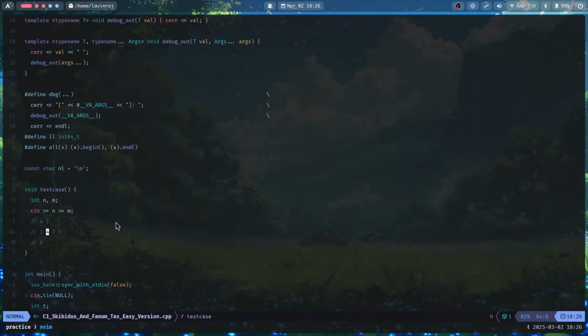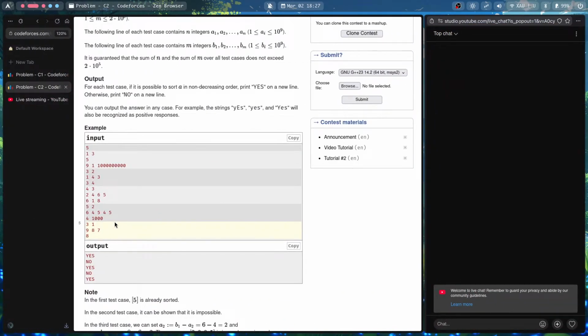What we are doing here is we select an element from the array B and change a_i to b_j minus a_i.